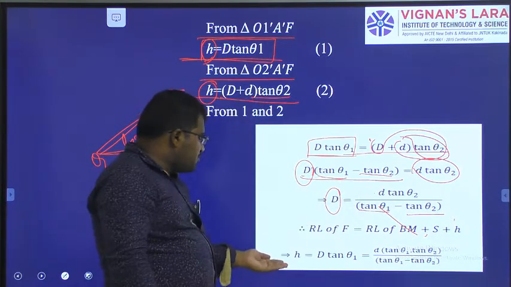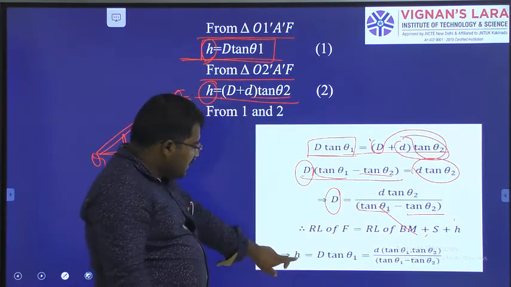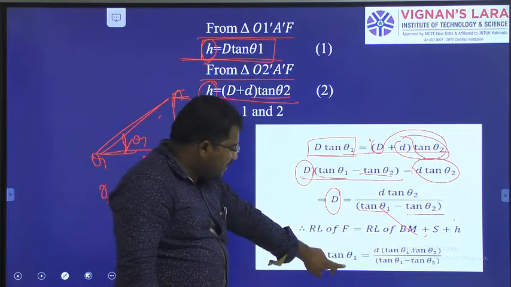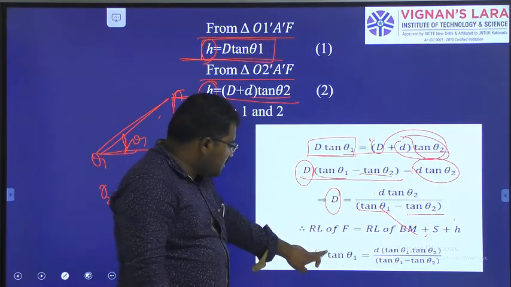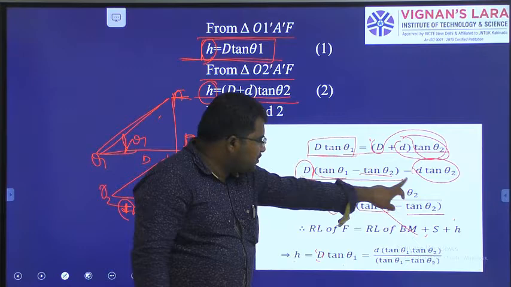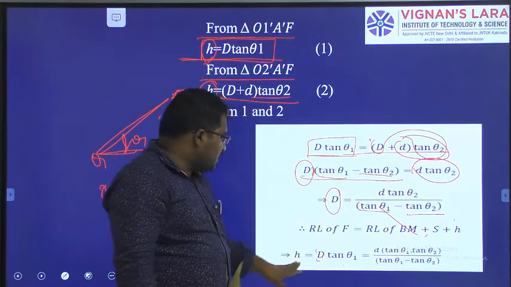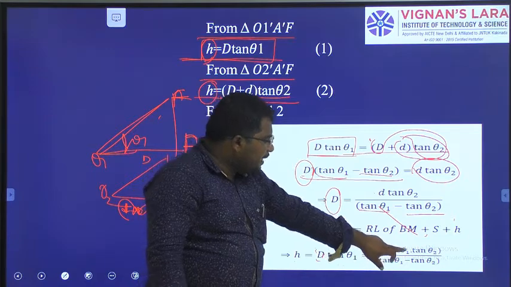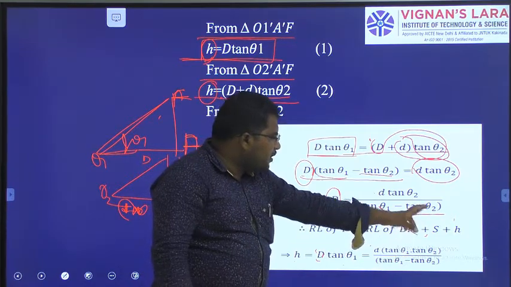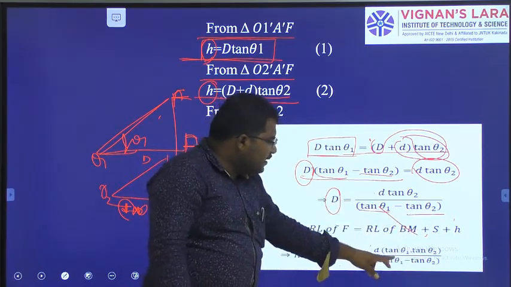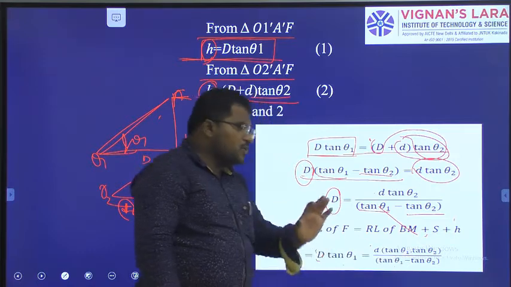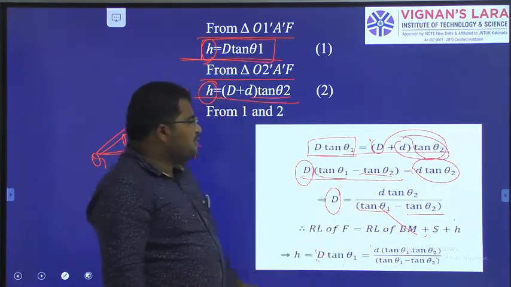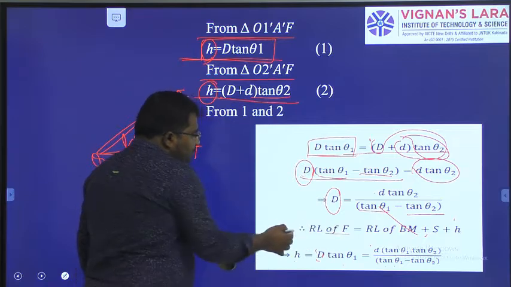Substituting it, h is equal to d into tan theta 1 into tan theta 2 divided by tan theta 1 minus tan theta 2. Substituting this in the equation, we get the RL of F.